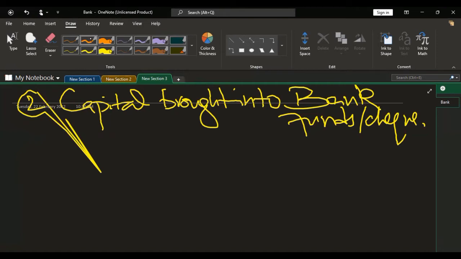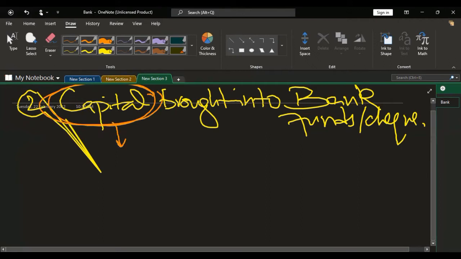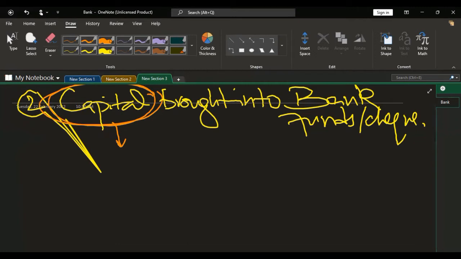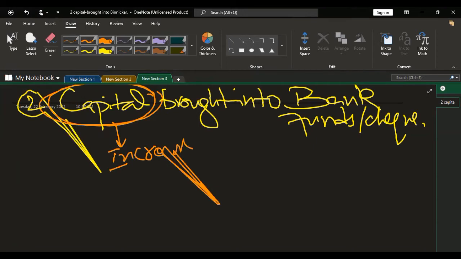Here two items are affected. The first one is capital. Whenever capital is brought by the owner into the business, the existing amount of capital increases. Here we are thinking like a business, not a human being.